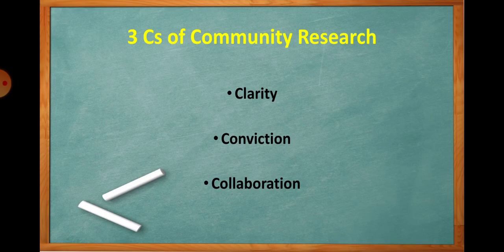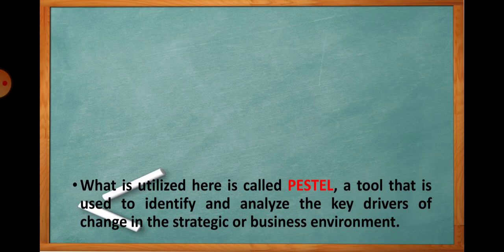Conviction: internalize the purpose of your research and always consider the stakeholders as a priority in your agenda. And collaboration: be open to collaboration and partnership as well as avenues for capacity building with actors.